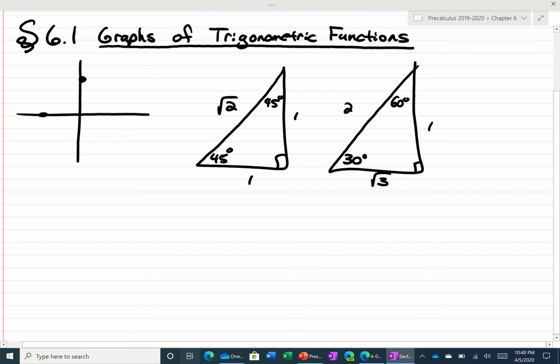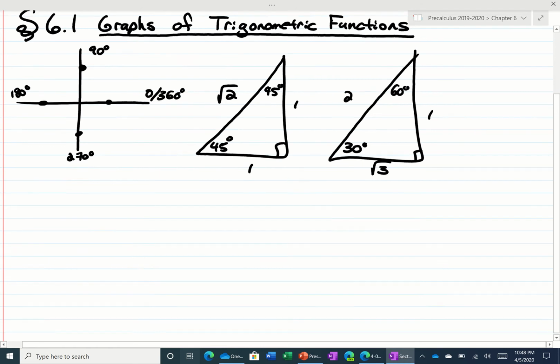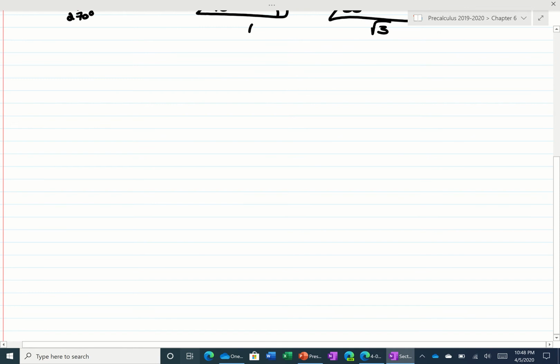And then for quadrantal angles, we know that those are 90, 180, 270, and 360. There's a dog barking here. I don't know if it comes through, but all right, so this is what I would like you to do.